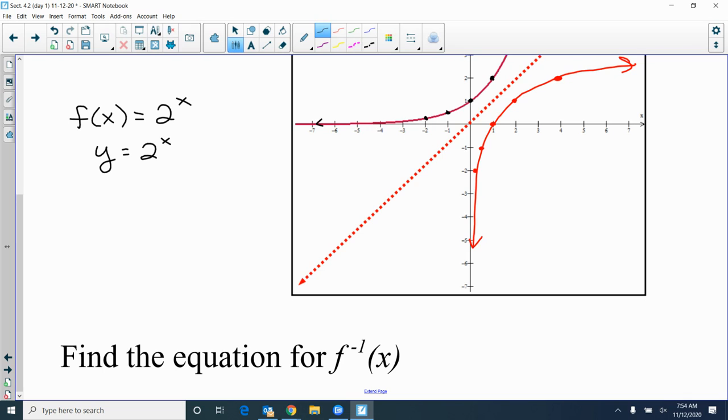And then what do we flip? We flip the x and the y. And so now it becomes x equals 2 to the y power. Well, what do we got to solve for? Got to solve for y. How do we solve for y?